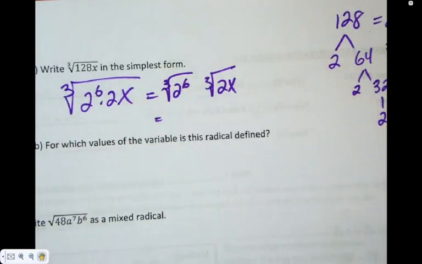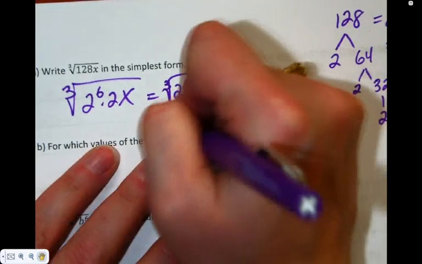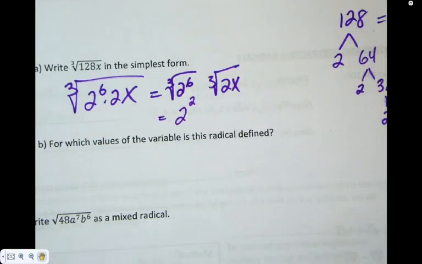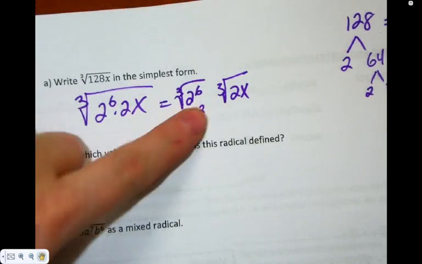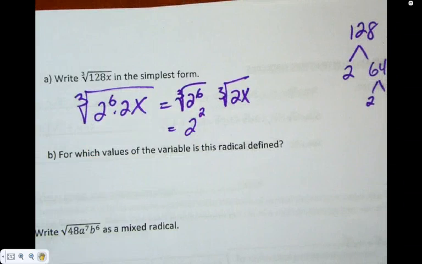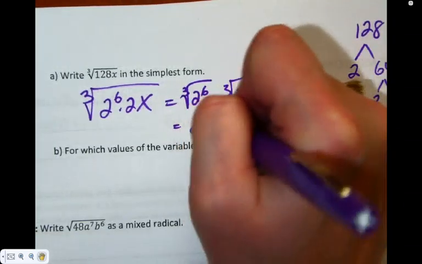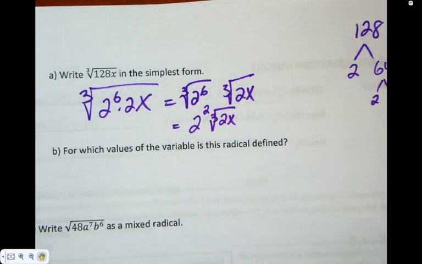The cube root of 2 to the 6 is 2 squared, so 6 divided by 3 gave us the exponent of 2. If you need to write a little note where this came from, it's 6 divided by 3. And I'm just keeping everything that's left. I call it the crap in the back.